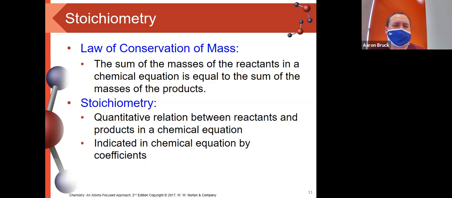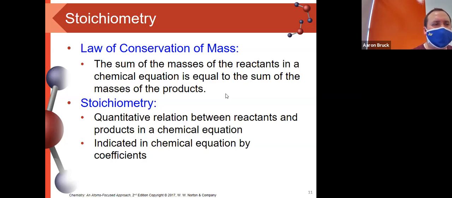Well, stoichiometry is a quantitative method that allows us to use this information about the law of conservation to apply it to calculations involving chemical reactions. And we come to stoichiometry by two means.